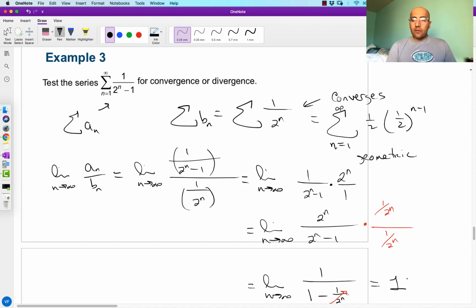Okay, so the limit comparison test indicated that if we find that the limit as n goes to infinity of a sub n over b sub n is a constant that's greater than 0, a positive constant, then both of these things behave the same way. They both converge or they both diverge. And since we already know that b sub n converges by the geometric, then by the limit comparison test, we've established that this one must also converge.